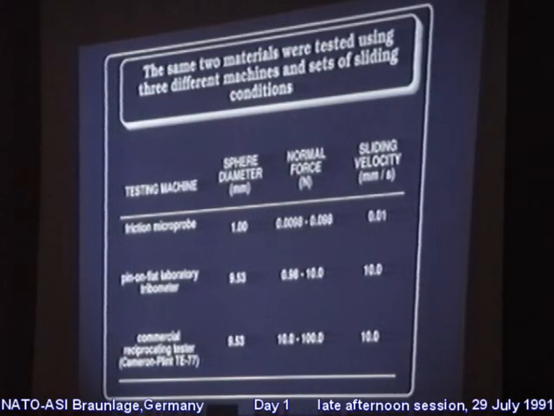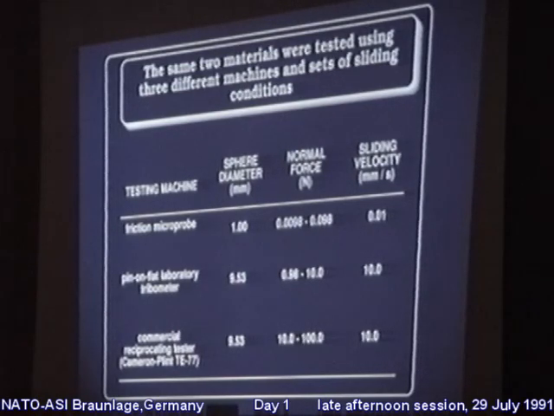Now, the first machine, which we call friction microprobe, uses 1 millimeter diameter spheres. Normal force varies from about 10 to 100 millinewtons. The sliding velocity is about 10 microns per second, and the typical stroke length in this oscillating test is 100 micrometers.